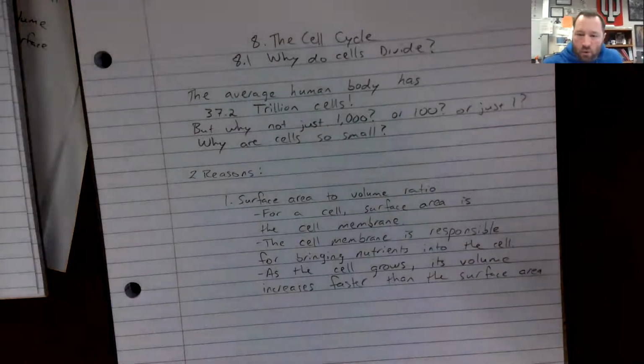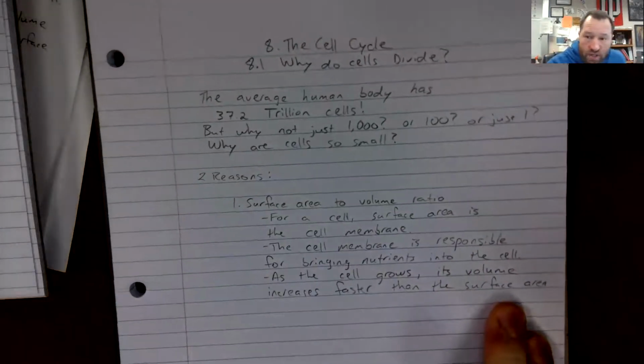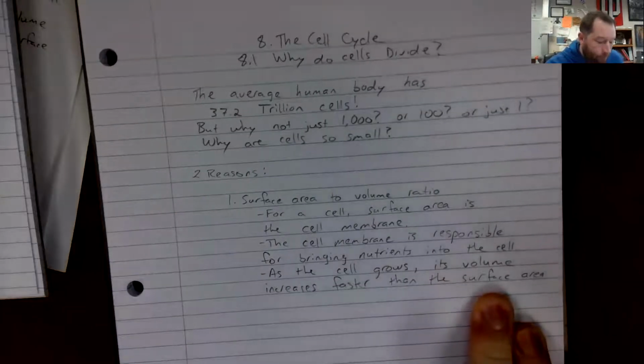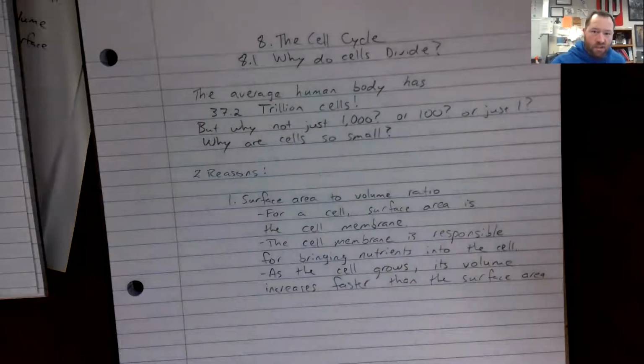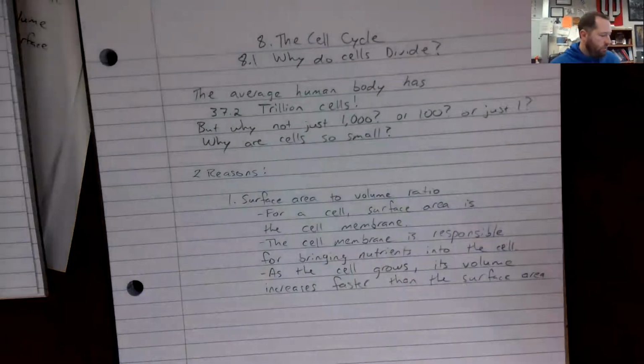Now, as the cell grows, its surface area does certainly get larger, but the volume gets larger faster. And again, that's why that ratio is so important.